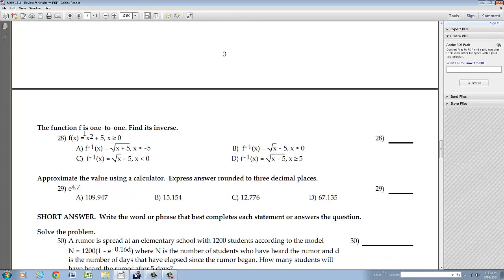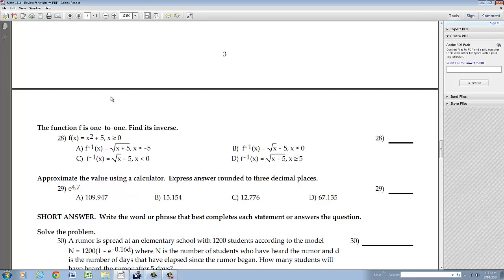28, the function f is 1 to 1, find its inverse. Okay, so again, if you look at this graph right here, this is a parabola with vertex at 0, 5, and it goes up this way. So the domain is x greater than or equal to 0. The range goes from 5 to infinity, because it goes up this way.